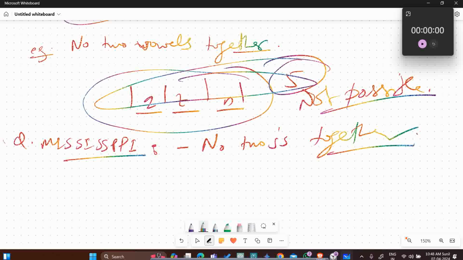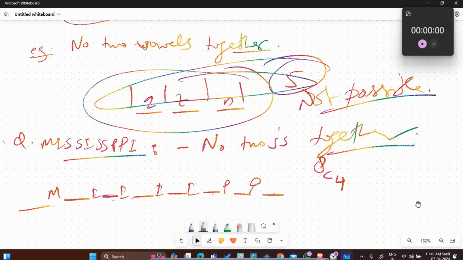So what we can do is place M, I, I, P, P, which gives 1 2 3 4 5 6 7 8 places for the 4 S's. So 8C4 only, but they cannot interchange with each other because they are identical.